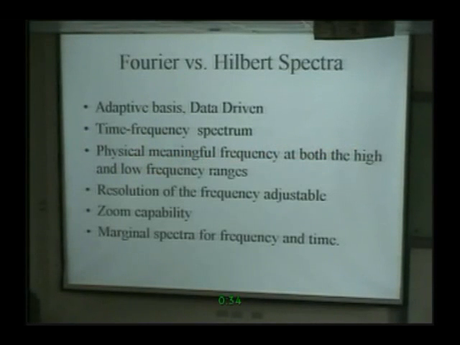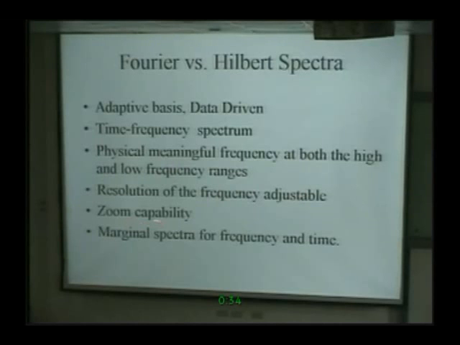With Fourier, in the high frequency range, you run into the certainty of getting harmonics. And here in the Hilbert spectrum, you don't have harmonics to worry about. So the frequency has physical meaning. And the resolution of frequency is adjustable, not fixed like Fourier.